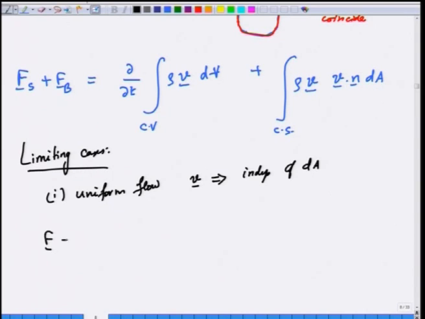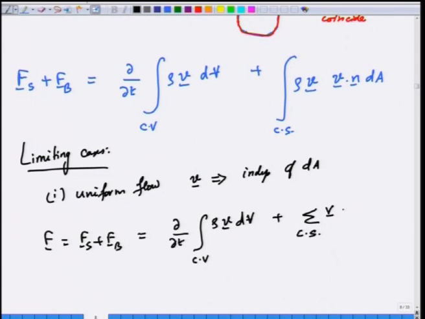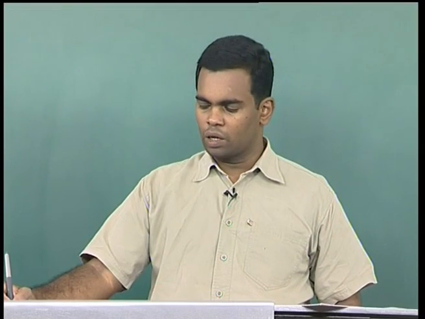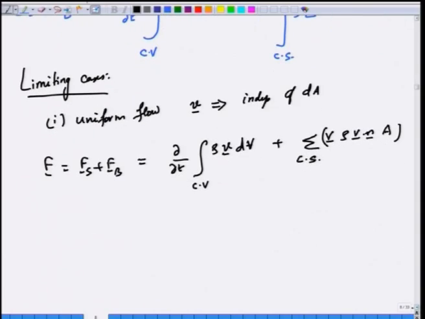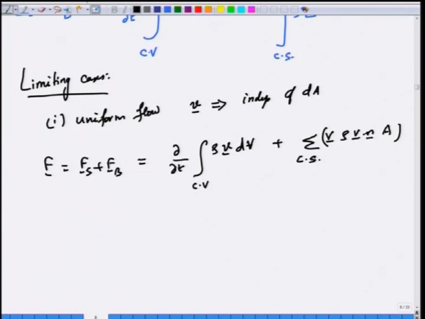So, the sum of all forces on the CV, F_S plus F_B, is d/dt of the integral of rho V dV plus the summation over the CS of V rho V dot n A. There is a sign associated with area, so let us put it as V dot n A, because if the flow is entering the CV, then n is unit outward, so V dot n is negative, and if the flow is leaving, then V dot n is positive. That is the usual convention that we follow.